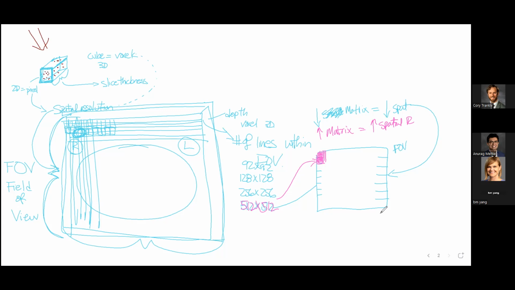Okay, this is the trick with MRI. See all these little brown dots in here? Those are meant to be protons in the voxel. All right. Here is a low spatial resolution. And then here is a high spatial resolution.